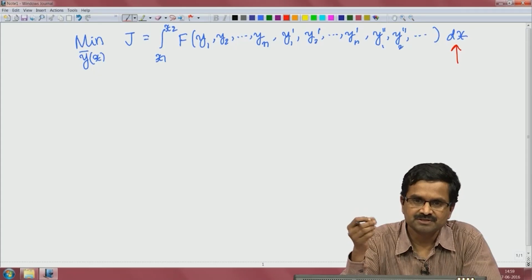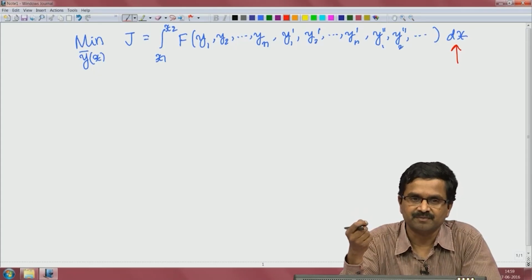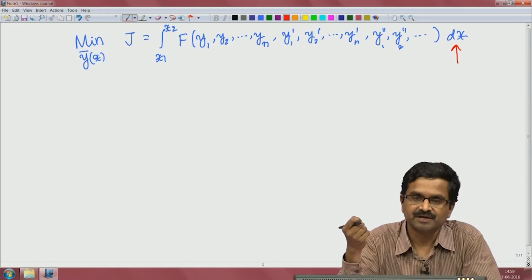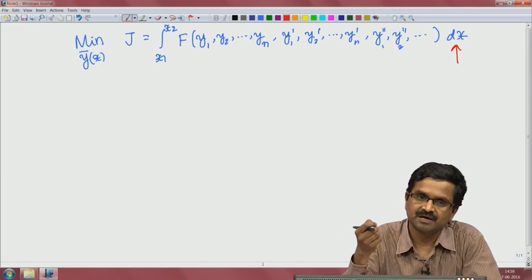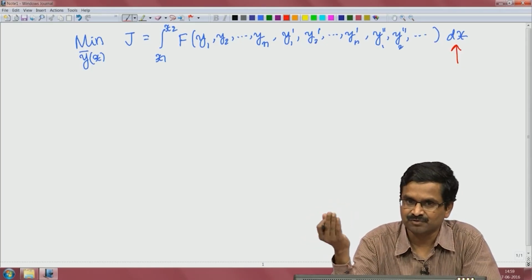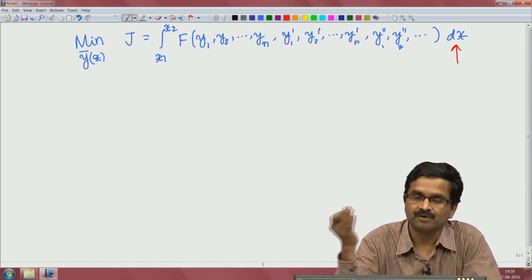Now, what we will do is graduate to more than one dimension, because most of the problems that we encounter in mechanics are not one dimensional. Bars and beams are, but plates are not, membranes are not, and general 3D structures of course are 3 dimensional, or 2D structures.